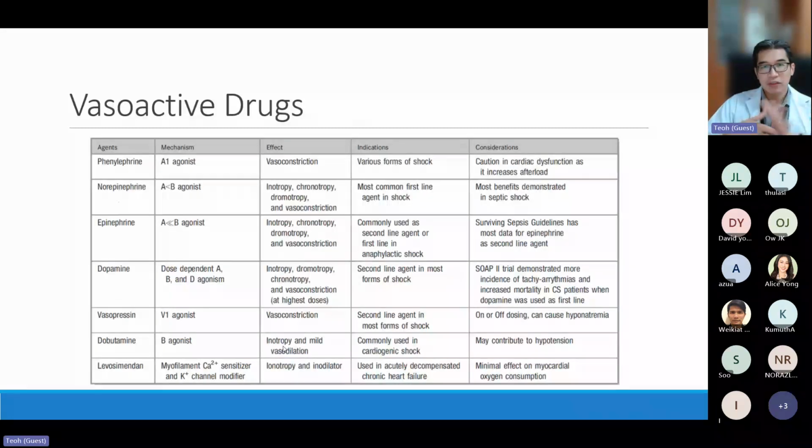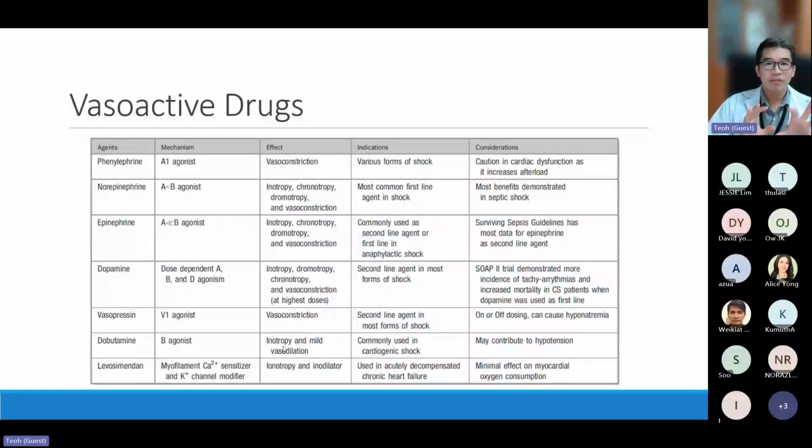And these are all the drugs. I'm sure you're all very familiar with all these vasoactive drugs. Please remember, all these things are a double-edged sword. It can save the patients. It can also kill the patients. So if you can see here, all these vasoactive drugs are playing around by activating only a few receptors here. Dopaminergic receptor, alpha receptor, beta 1 and beta 2 receptor.